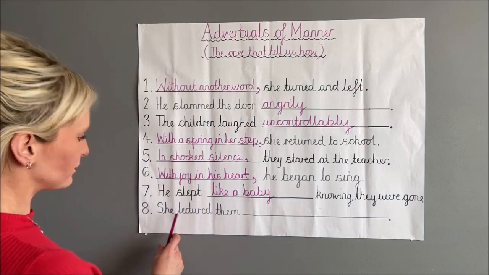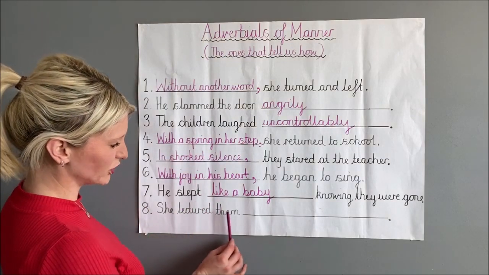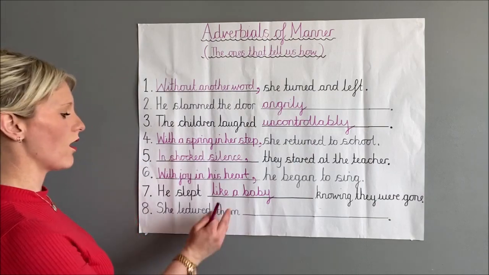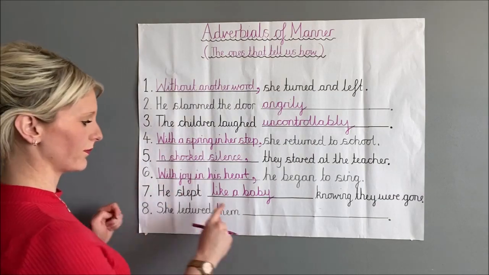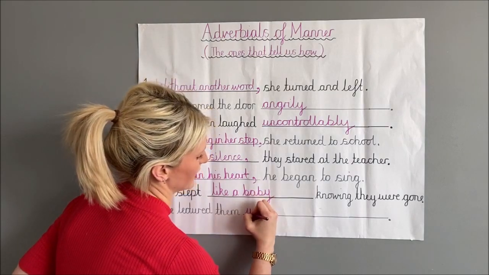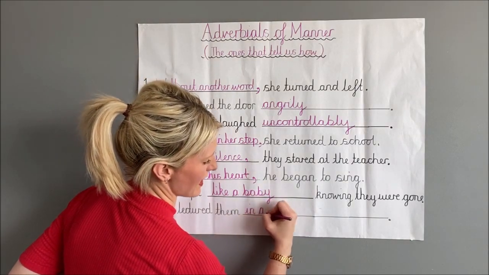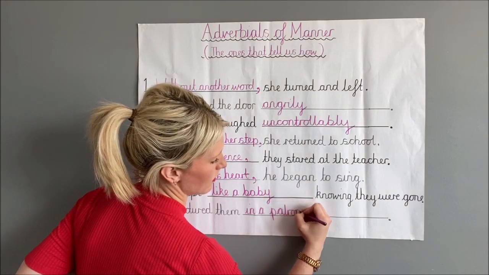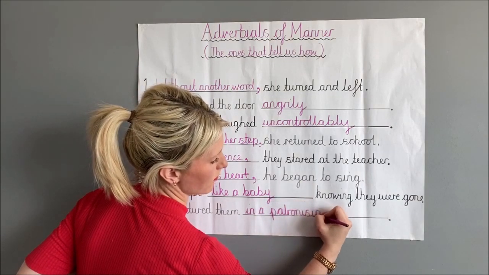Okay, then this last one we've got here, she lectured them. How did she lecture them? Okay, I'm going to say that she lectured them. It's coming at the end of my sentence, so I'm not going to need a comma. And I'm going to say she lectured them in a patronising tone.